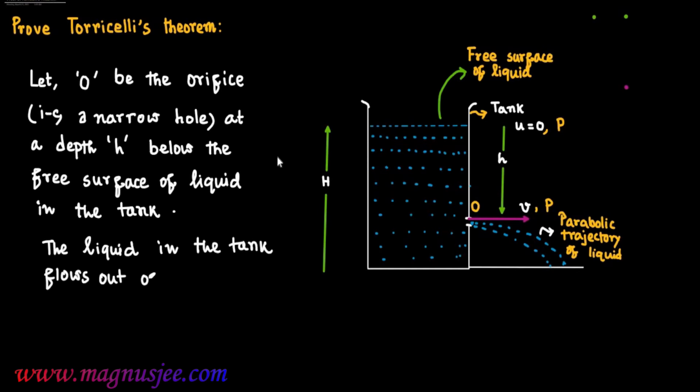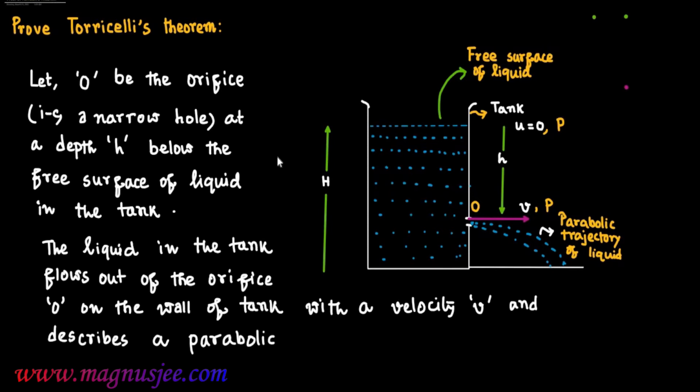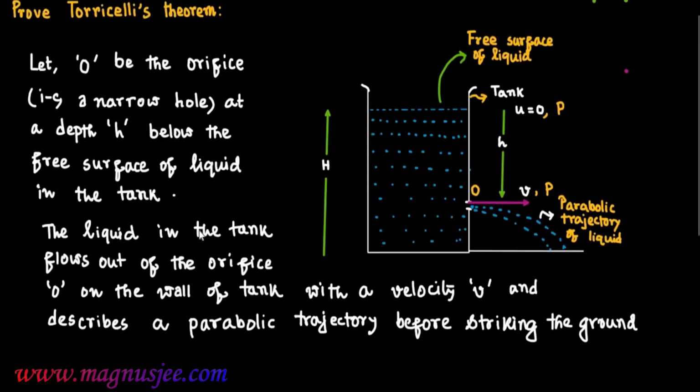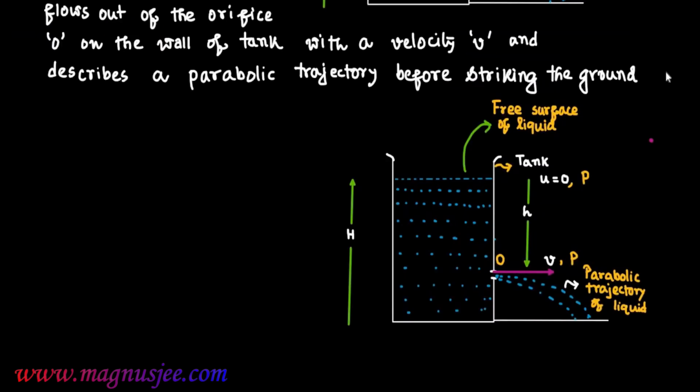The liquid in the tank flows out of the orifice O on the wall of the tank with a velocity v and describes a parabolic trajectory mid-air before striking the ground.